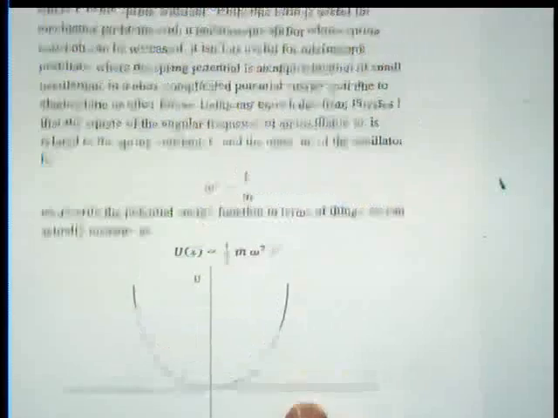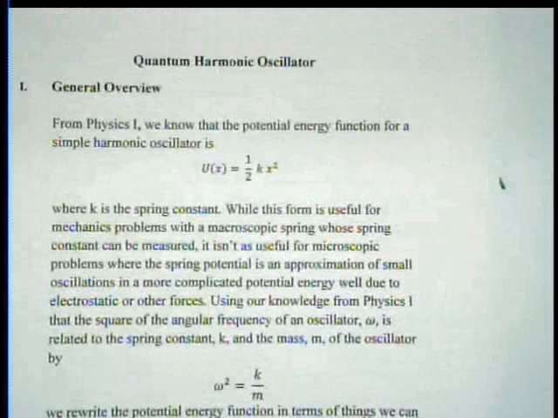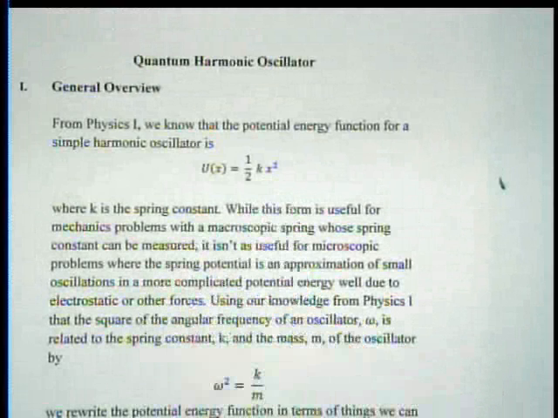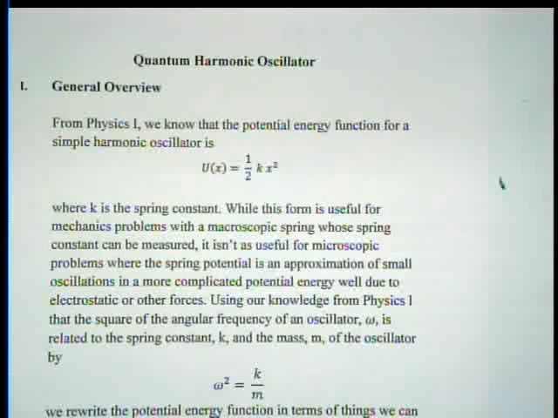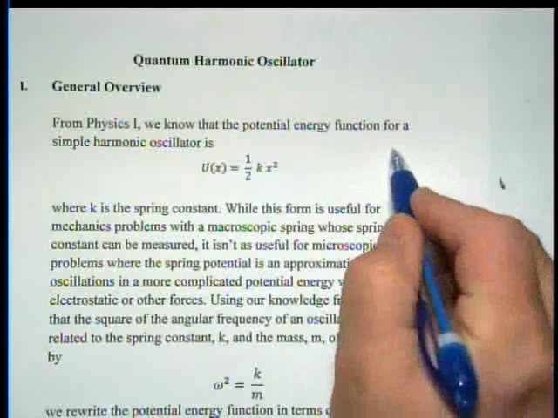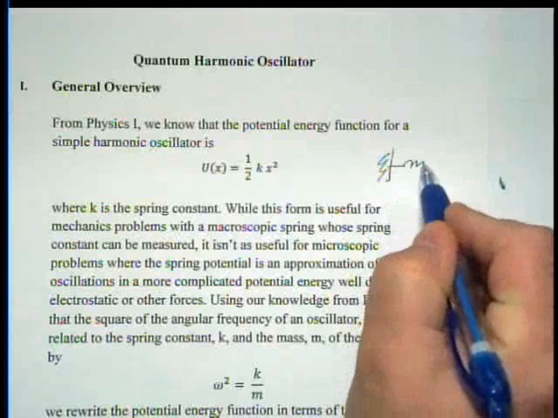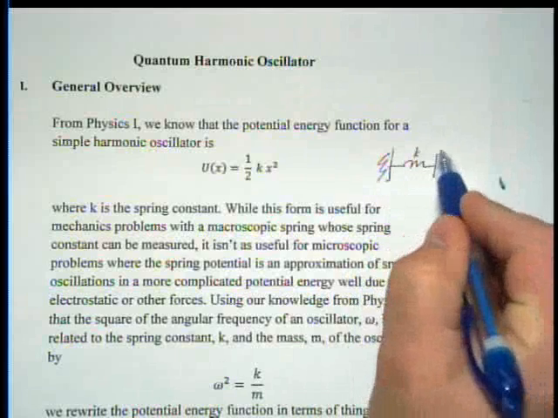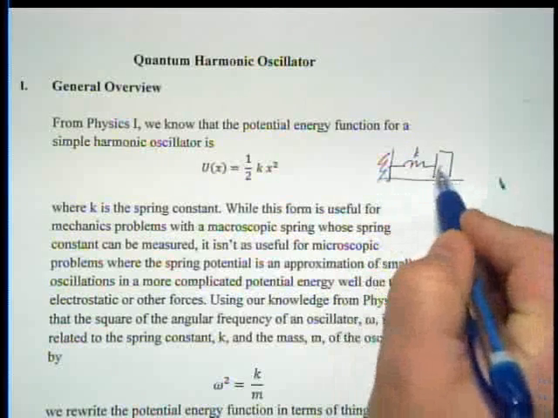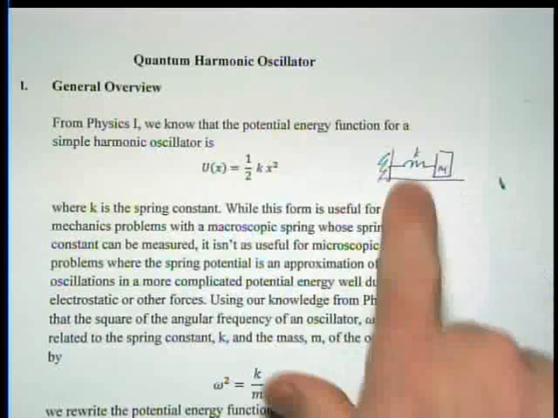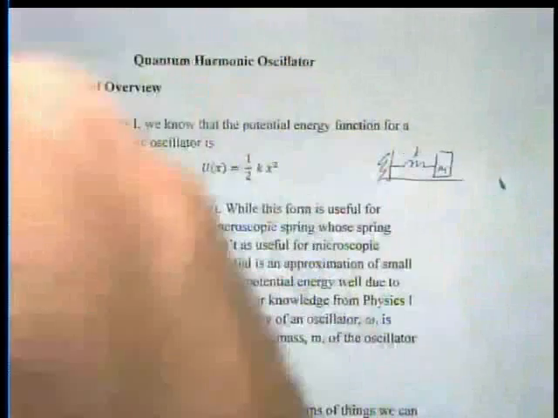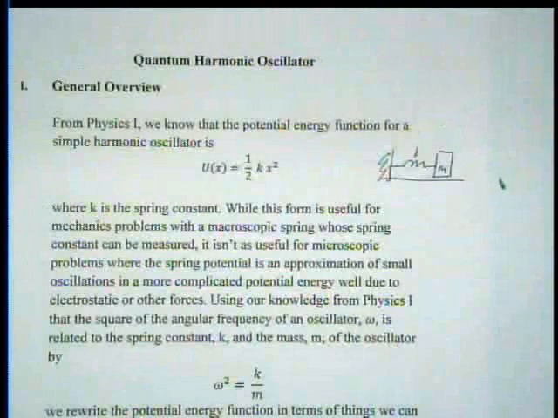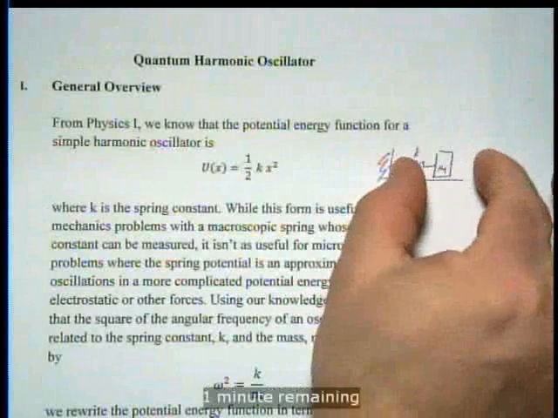The other thing to note is we don't write the harmonic oscillator potential like that. Why not? We did it all through Physics 1. Well, in Physics 1, we dealt with things like this. You had some sort of thing here, and then you had a spring, maybe, and then you had some mass. And if I wanted to find the spring constant, I could remove the mass, apply a force of a known amount, and see how far I could stretch that spring.